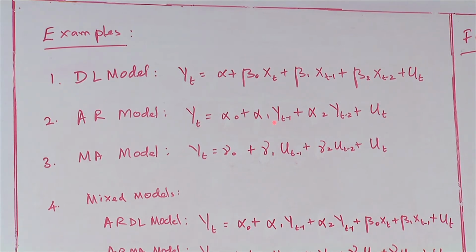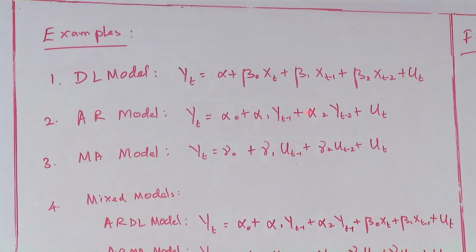Just look at the symbols we used. Here we use alpha for the entire thing: alpha 0 plus alpha 1 yt minus 1 plus alpha 2 yt minus 2 plus ut. This is like any other MLRM, but with the lags of yt as the independent variables. Alpha 1 is related to yt minus 1 and alpha 2 is related to yt minus 2. So, the 1 and 1, and 2 and 2 are associated.